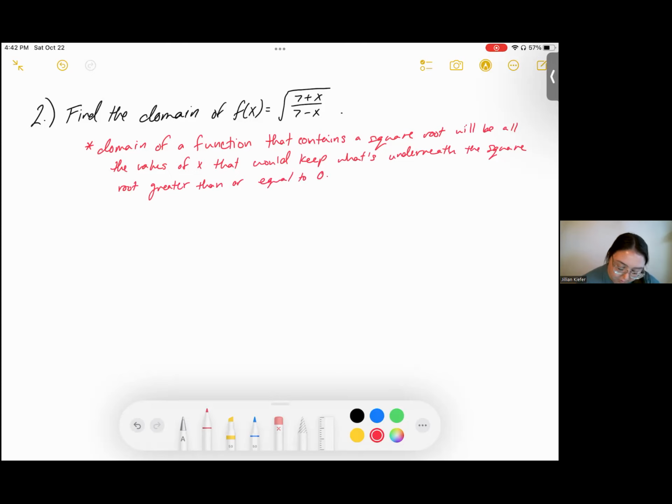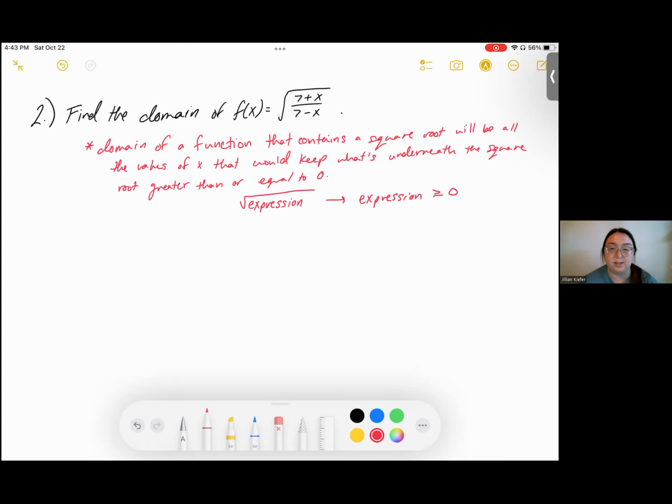So as an example, if you have a square root of some expression, you would take that expression and set it greater than or equal to 0 and solve for x. So that's how you would find the domain of a function that has a square root.